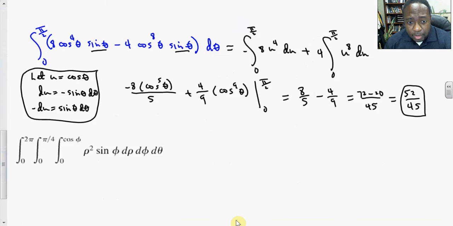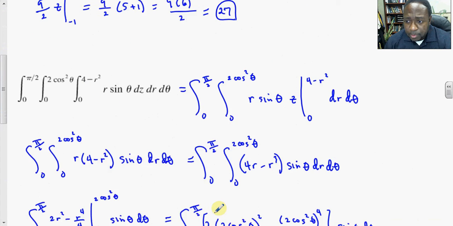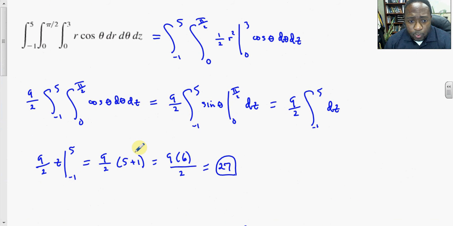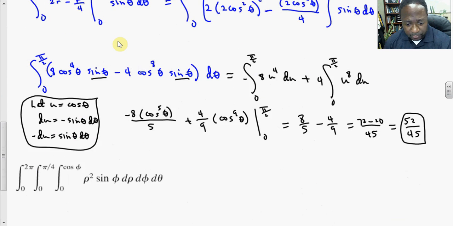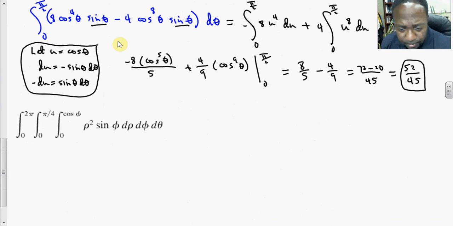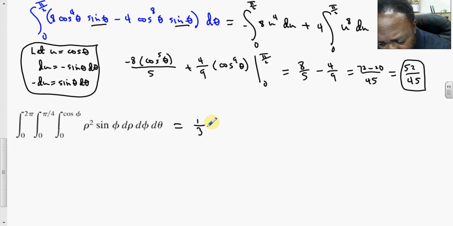Now, if you notice, these two problems are in cylindrical coordinates. What this is in spherical. Let's see. We integrate first with respect to rho. So we get 1/3 rho to the third. So we just put the 1/3 here.